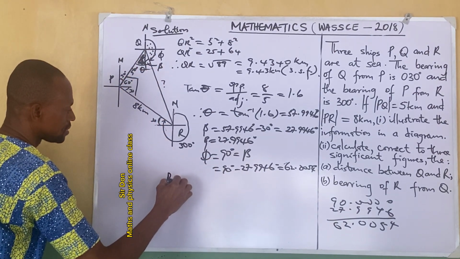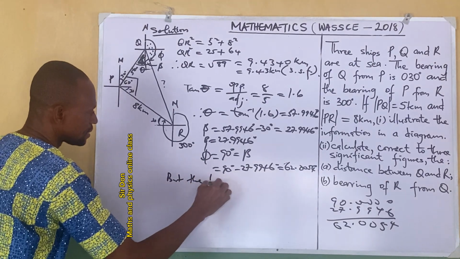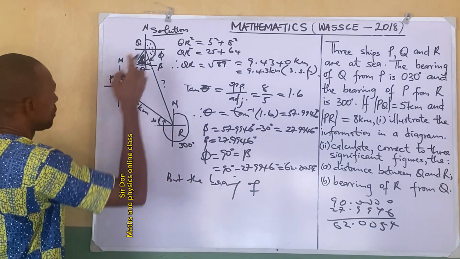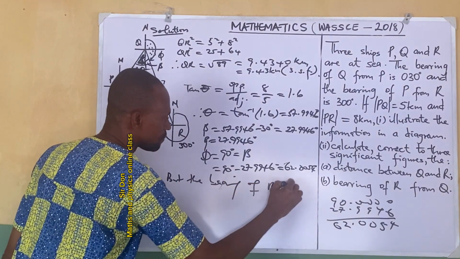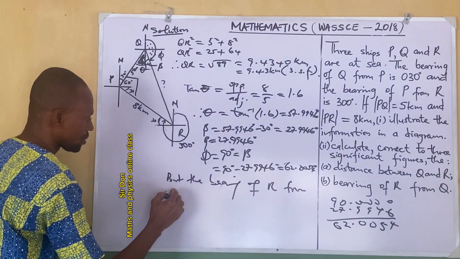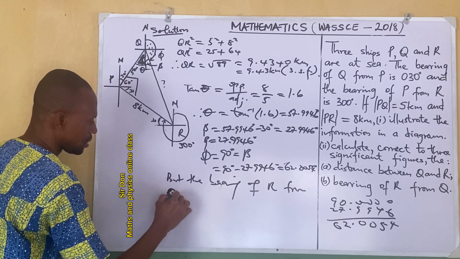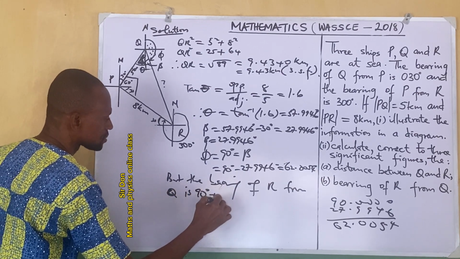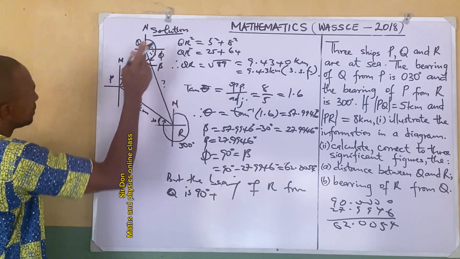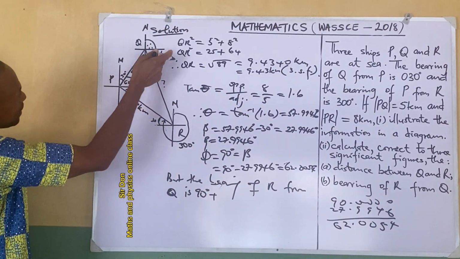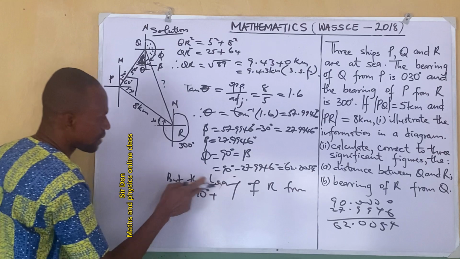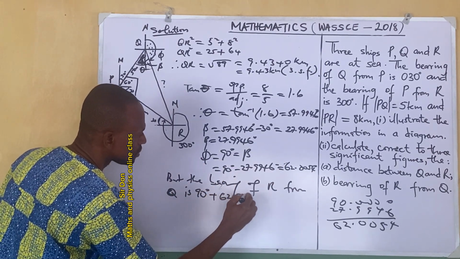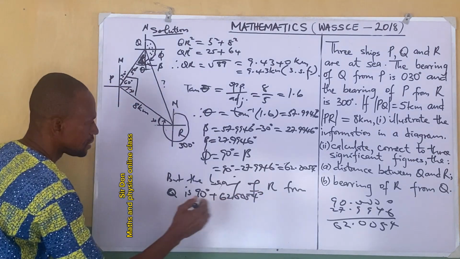But the bearing of R from Q is 90 degrees plus phi, and phi is 62.0054 degrees.